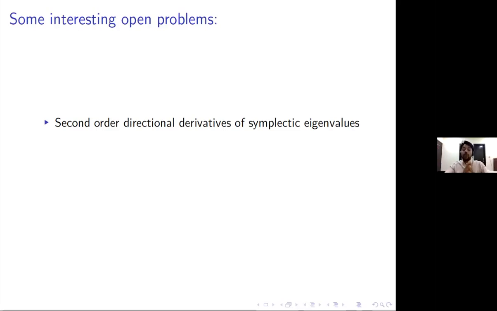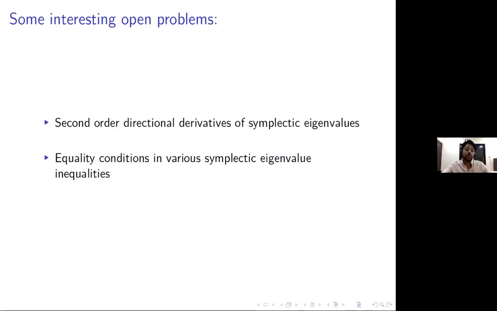An analogous work has been done for eigenvalues of symmetric matrices, and perhaps one could borrow ideas from there and the theory of symplectic eigenvalues to get something nice in this direction.